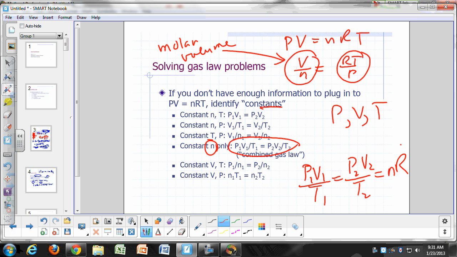That's just equal to nR, if n is constant. So that's known as the combined gas law. You can also say if volume and temperature are fixed, then P1 over n1 equals P2 over n2. And if volume and pressure are fixed, then n1 T1 equals n2 T2.